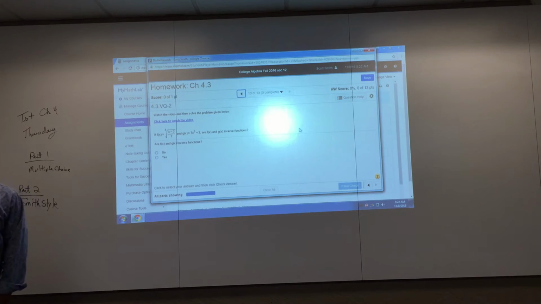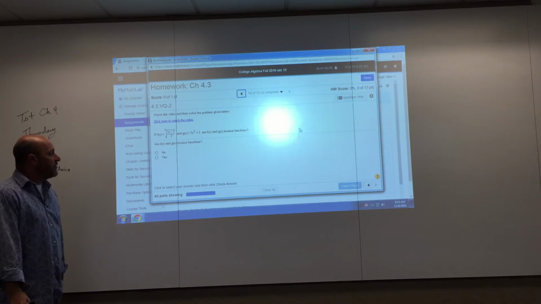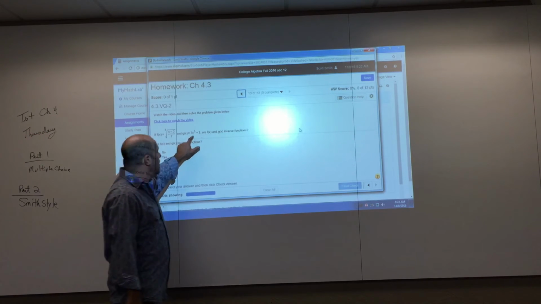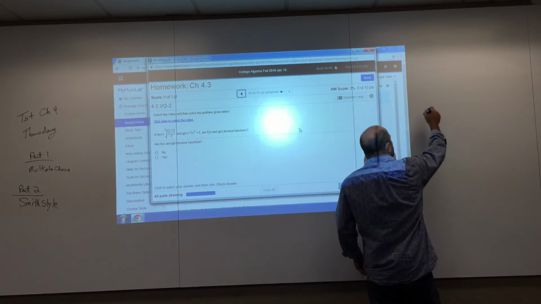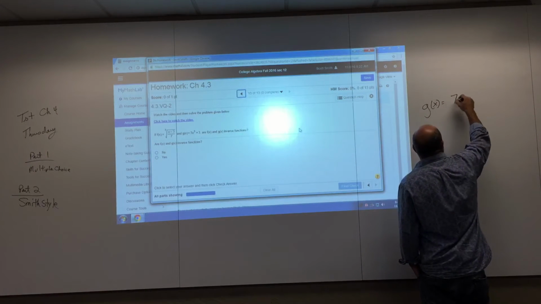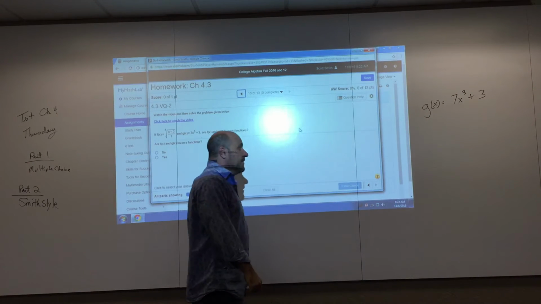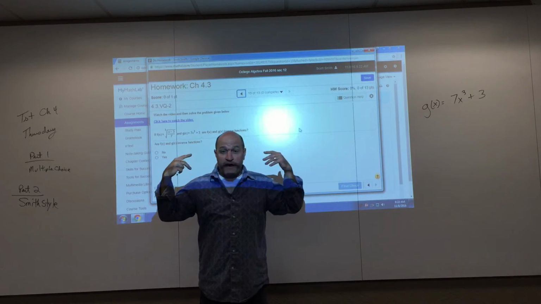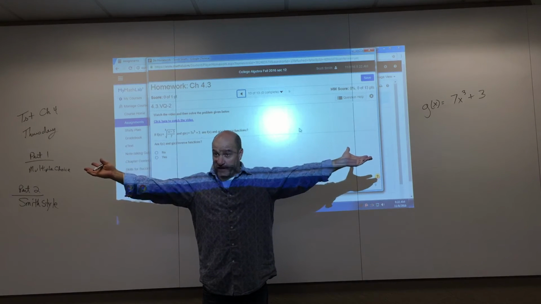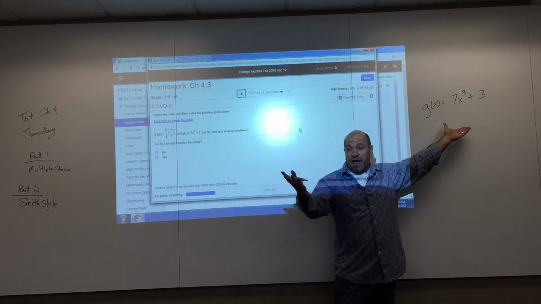We can mess around with this homework and see what we find. I think a question I prefer better is to find his inverse. Like if I asked you to find his inverse, here's this g of x is 7x cubed plus 3. Instead of giving you both of them and saying, are they inverses of each other, which is a good question, I might give you this question. Here's a function, can you find his inverse?